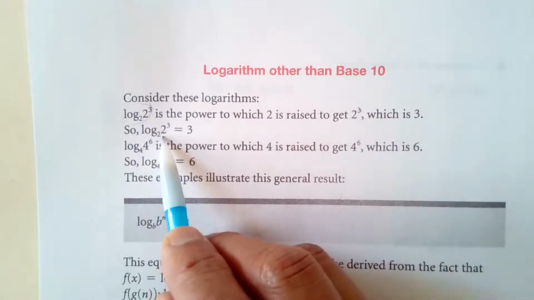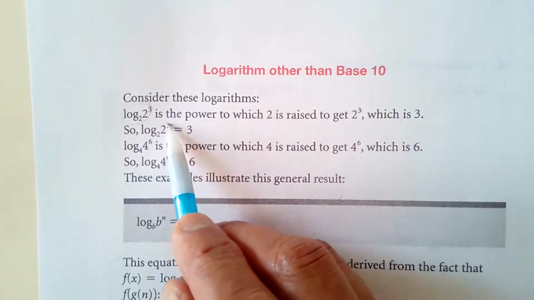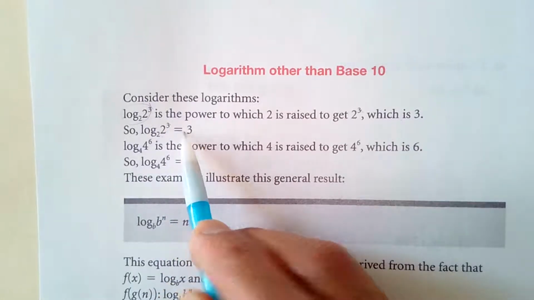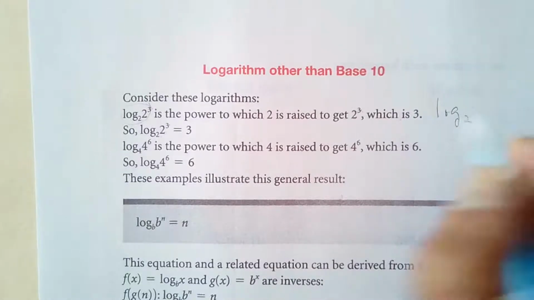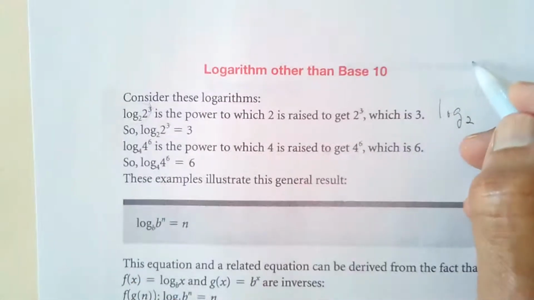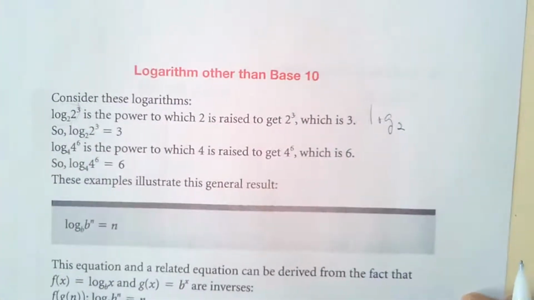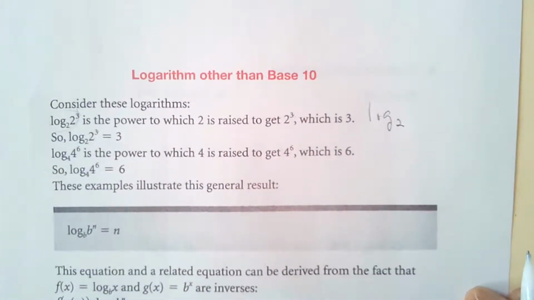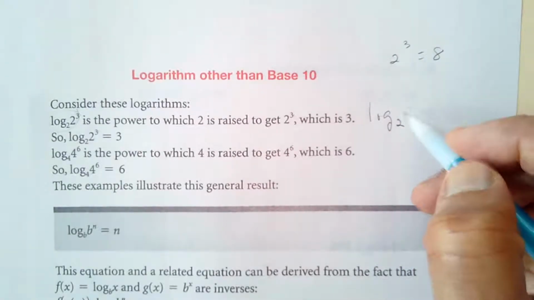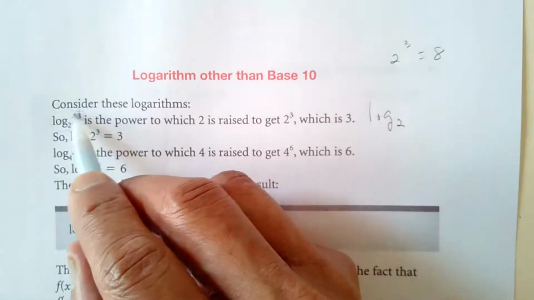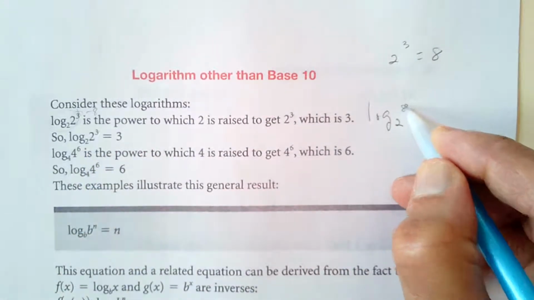Now, let me explain what I mean. So we have log base 2. Now, 2 to the power 3 can be written as 8. So if we replace 2 to the power 3 with 8, let me put 8 here.